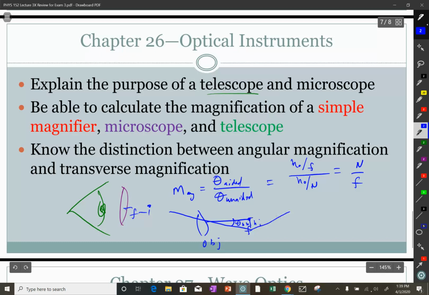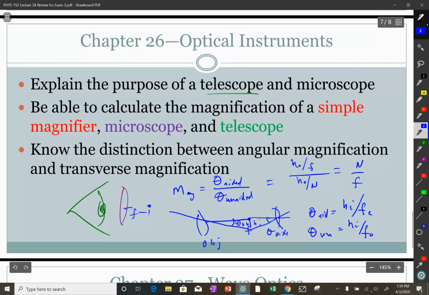And then here is the eyepiece, and this angle here is the theta aided. Using trigonometry, theta aided is equal to height of the image over focal length of the eyepiece. And the theta unaided was equal to the height of the image over focal length of the objective.